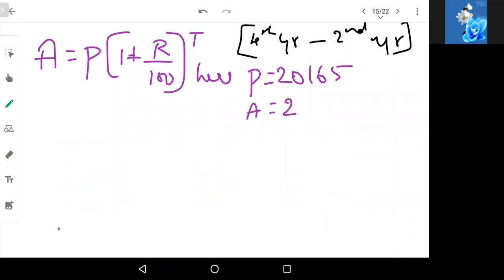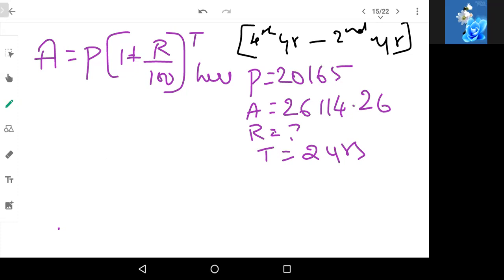A is 26,114.26. R we don't know. T will be 2 years. Now, did you understand? This is the basic amount. Okay. And this is the amount after 2 years. From second year to fourth year, we have 2 years. So we are going to use this data and find for second to fourth year first, and then we will come back to year 0 and then find the principal.